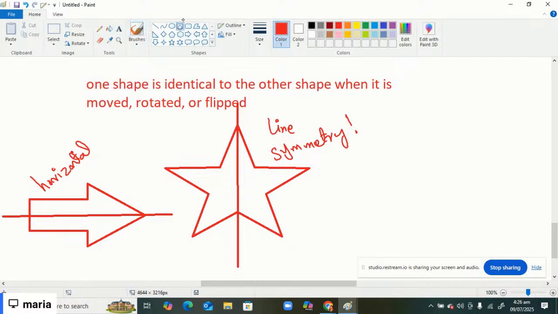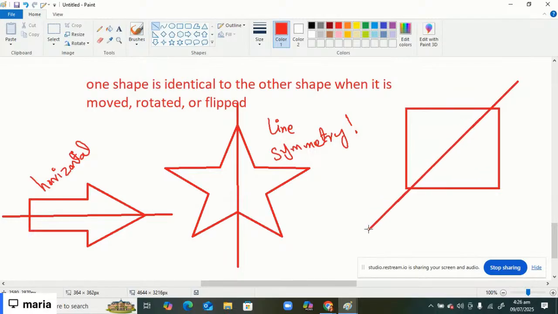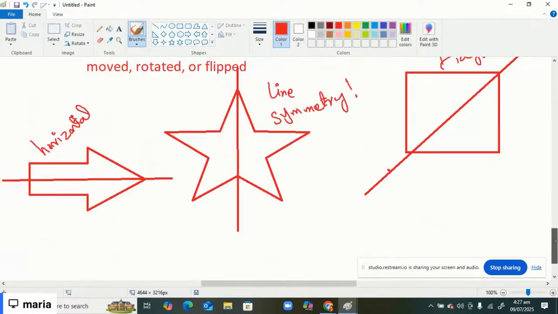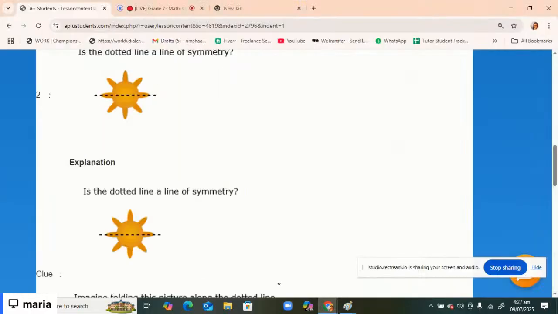And when it's cut this way, these are the diagonals. So this is the diagonal line of symmetry. These are basically the symmetry definitions. Now let's discuss some test questions.